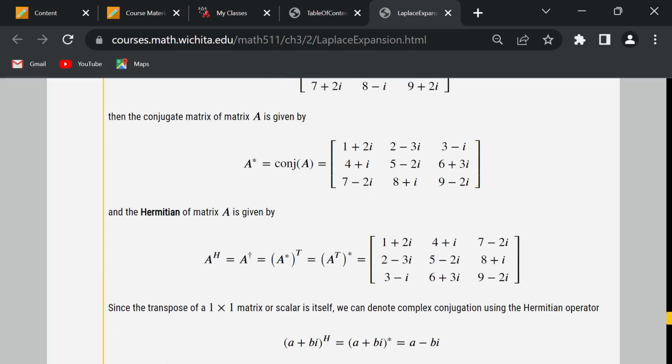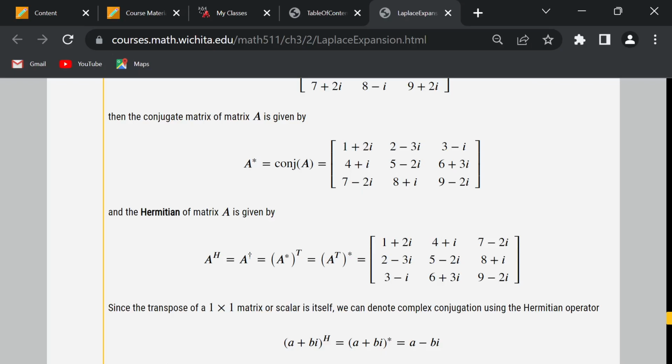Instead of transpose, when we have complex valued matrices, and we absolutely need this if we're going to be doing electrical, quantum mechanics, or integrated circuit design, because it's quantum mechanical in nature, then we need the Hermitian.